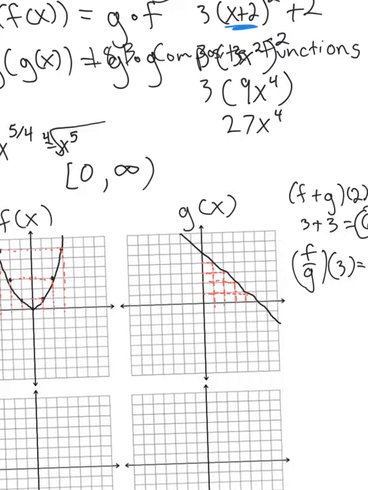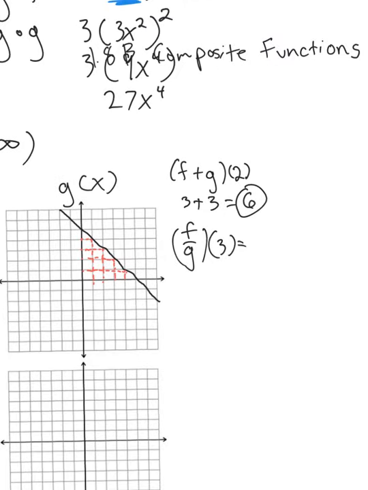It is 6 up for our f of x. So on top here, this is 6. On our g, we go over 3, we go up 1, 2. That is 6 divided by 2. Our answer is 3.